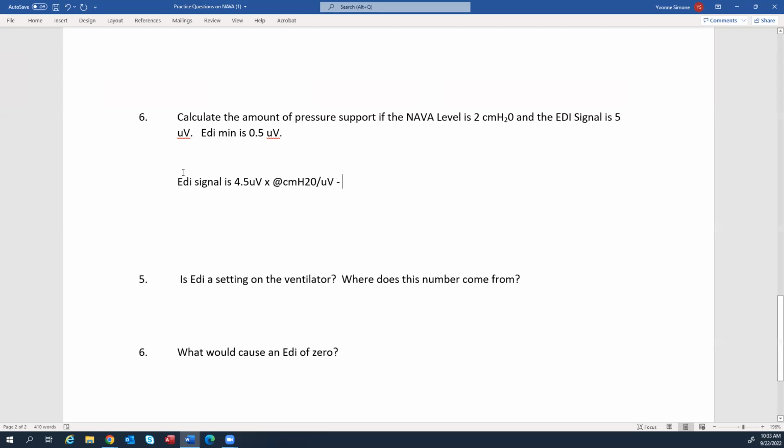So 4.5 times 2 would come out with 9. So the amount of pressure support will be 9 centimeters of water.